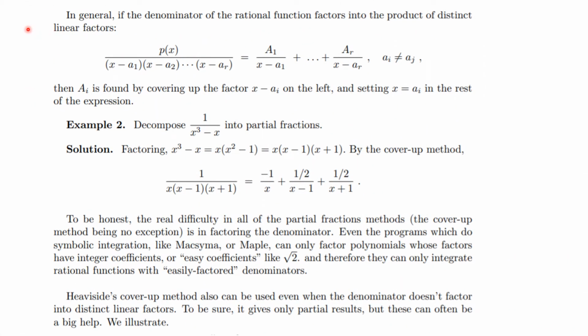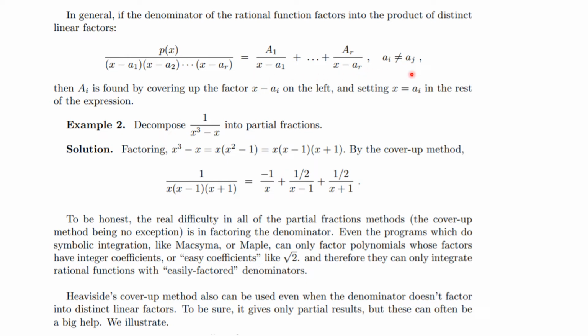And just to generalize this, in general, if the denominator of a rational function factors into the product of distinct linear factors, that means all these exponents are 1, then we can do the same thing because we'll have that p of x, the numerator, over the product of these distinct linear factors, here we have 1, 2, up to r of them, is going to be capital A1 over x minus a1 plus, and so on, capital Ar over x minus ar.